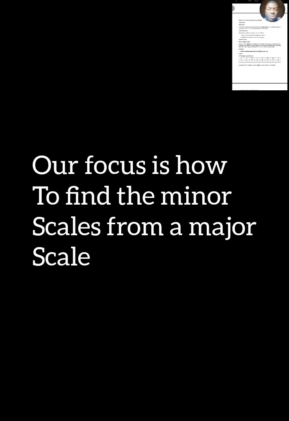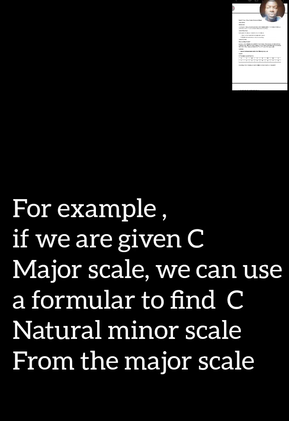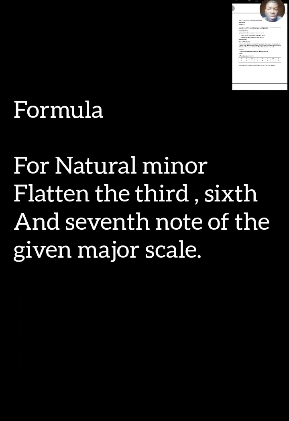You remember that for the natural minor scale, if you want to get it from a major scale that you are given, you use a formula: you flatten the third note, you flatten the sixth note, and you also flatten the seventh note. For example, let's have a major scale.